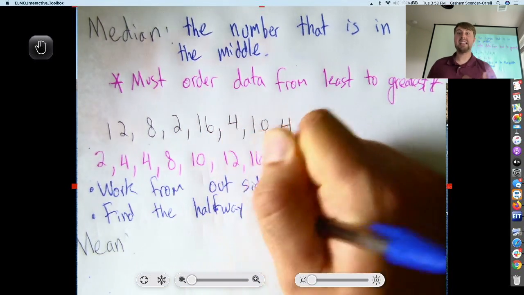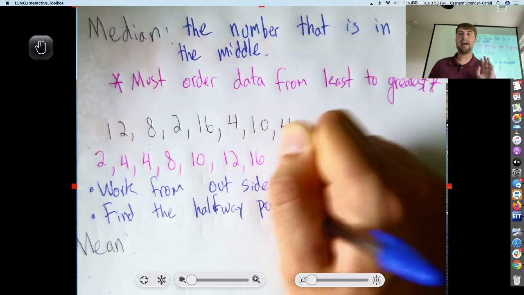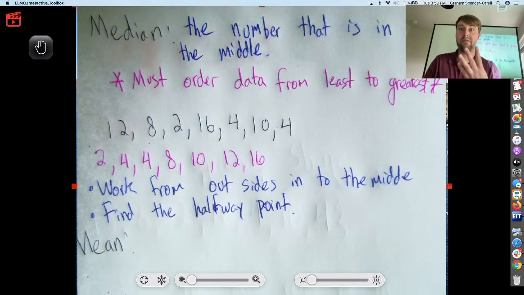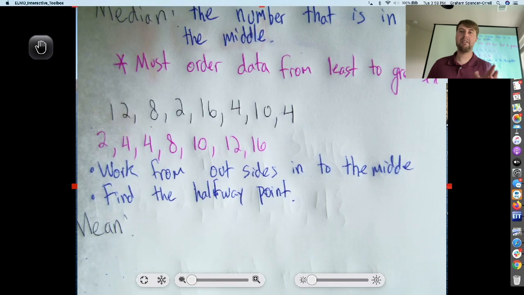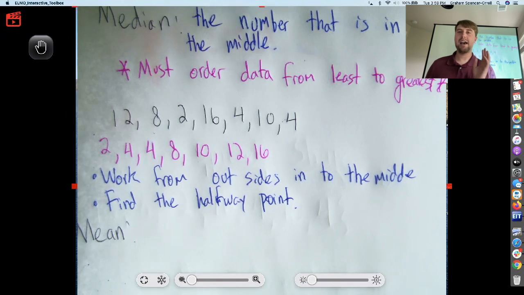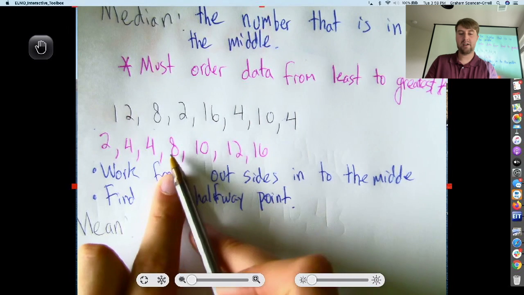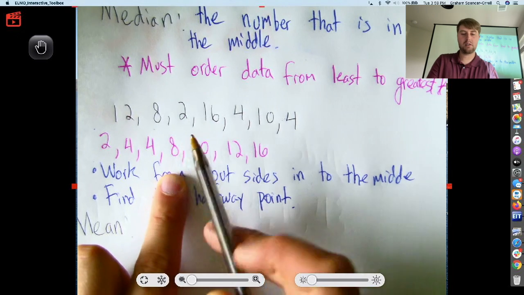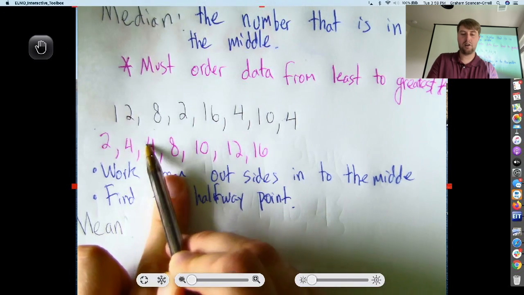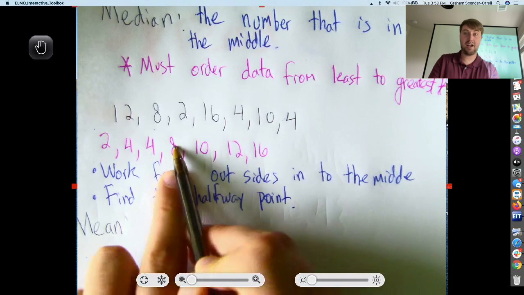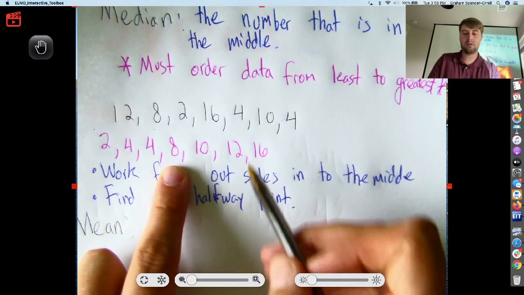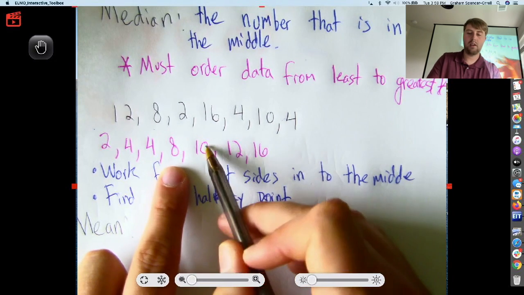So I know there are 7 pieces of data. Halfway in the middle of 7 would be 4, because 7 divided by 2 is 3.5. Anytime you have that decimal point, it means you're going to have 1 solid one in the middle. So you're going to go 1, 2, 3, and then 1 more. We can count it in from the other side as well. 1, 2, 3, and then 1 more.